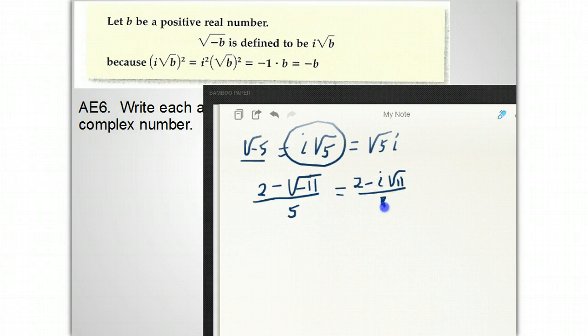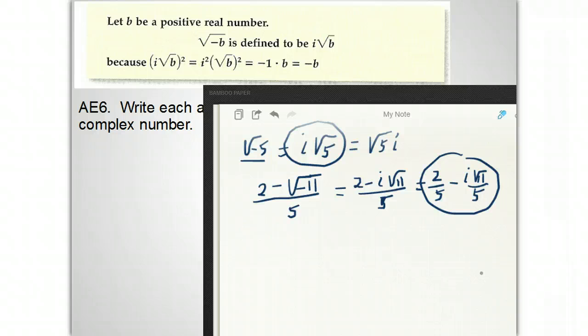This would be equal to 2/5 minus i times the square root of 11 over 5. So again, here's our real number part, 2/5, and our imaginary part is square root of 11 over 5 times i, with a negative times that. So that would be simplified.